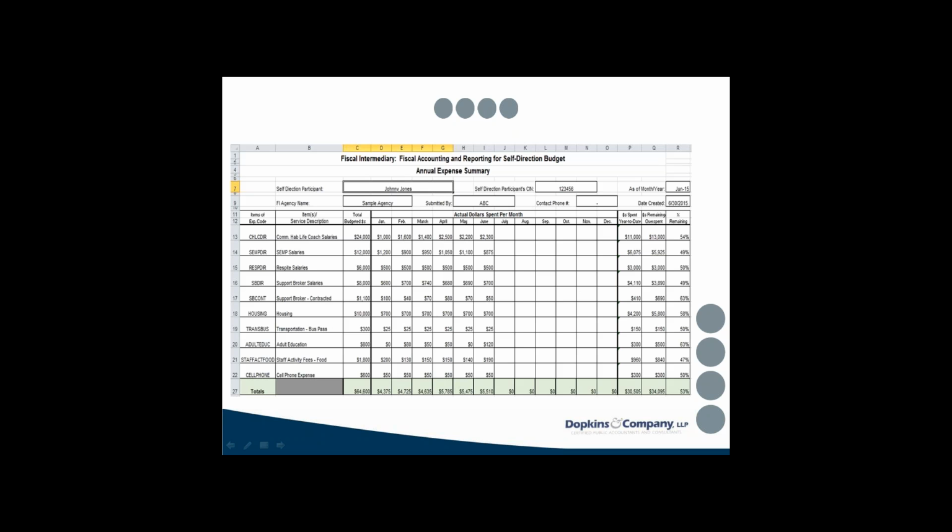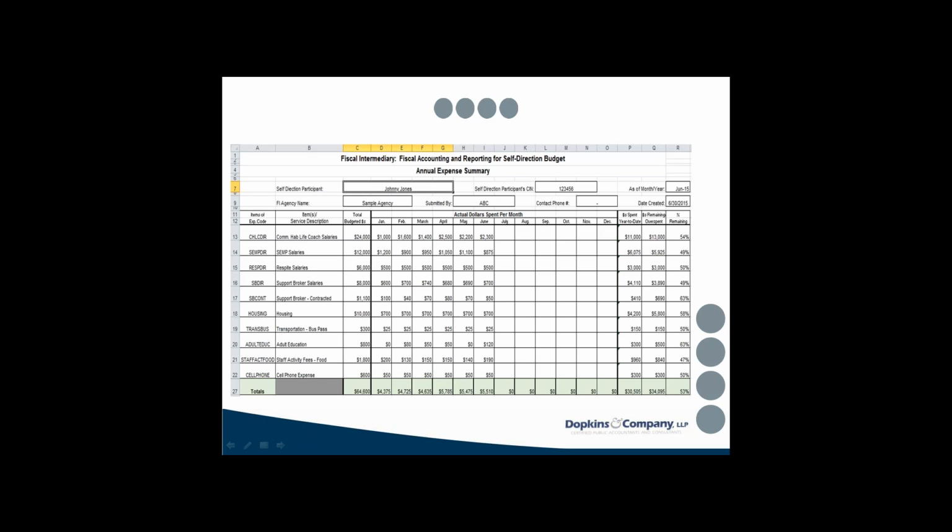So here's an example. This is the sort of report that you would send to self-directed services. And this is using that same information, that same contract that we saw earlier in the slide. This is for Johnny Jones. Down the left, items of expense are those same categories that we saw.